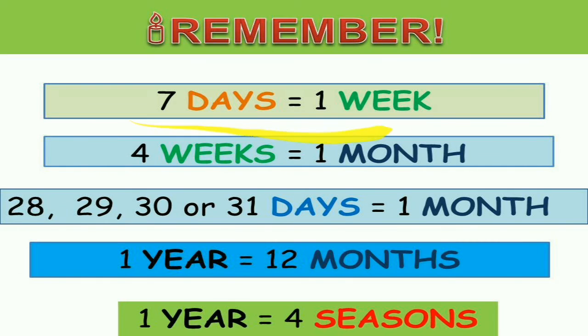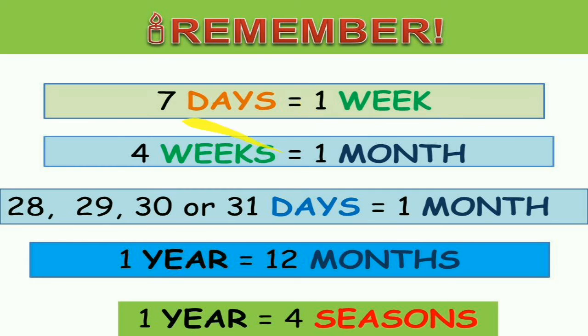So 7 days: Sunday, Monday, Tuesday, Wednesday, Thursday, Friday, Saturday. Sunday, Monday, Tuesday, Wednesday, Thursday, Friday and Saturday.